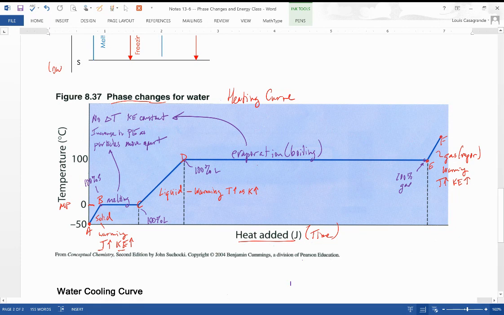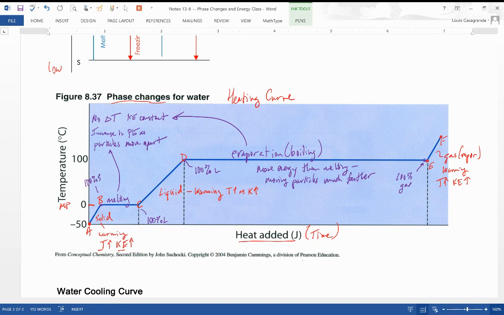In this case, we need more energy than melting because we're moving the particles much farther apart. And so that longer run for having to go to the gas phase is because of more energy needed.